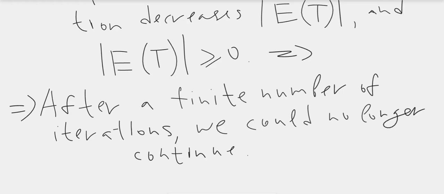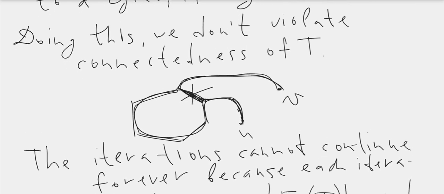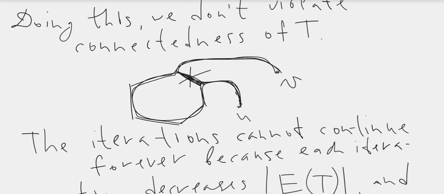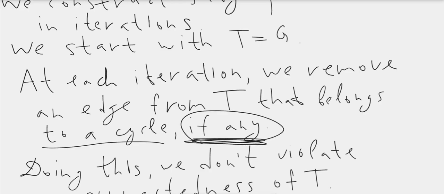And the only way that we could no longer continue is if there are no more cycles in the graph, because of how we defined the iteration. At each iteration we remove an edge from T that belongs to a cycle, if there is any cycle in the graph. The only way that we could not do an iteration is if there is no longer any cycle. If there is a cycle, then we can do an iteration.